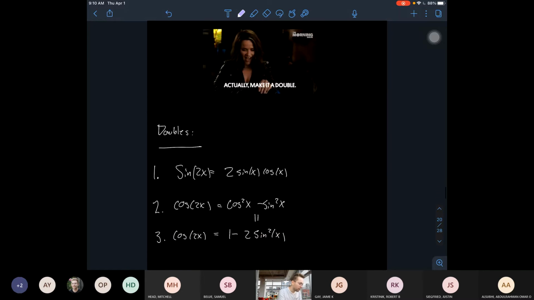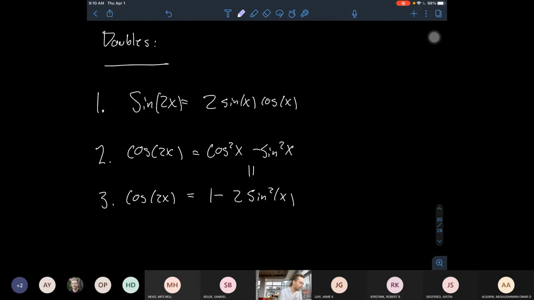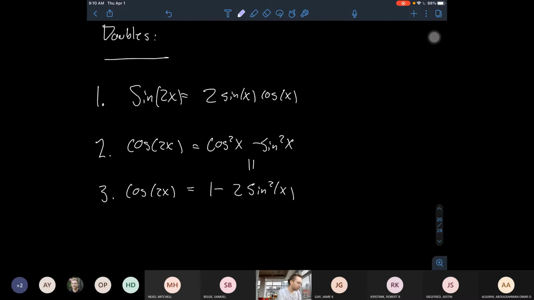Okay, so let's look at what the double angle formulas are, and I'll explain why they're called that. They're called the double angle formulas because in the expression on the left, the angle inside has the value 2 times the angle on the right-hand side of our formula.